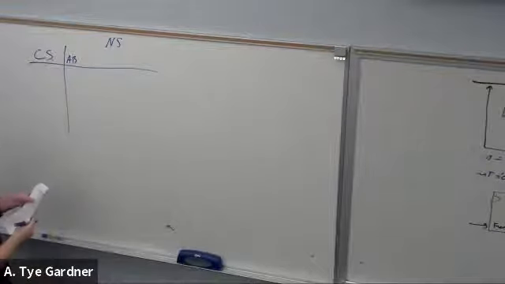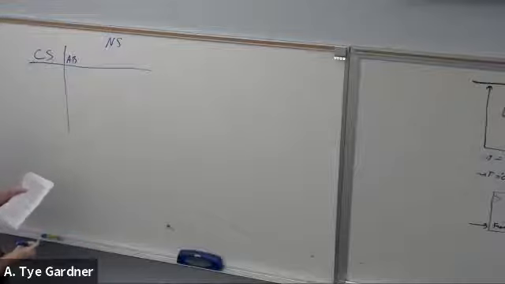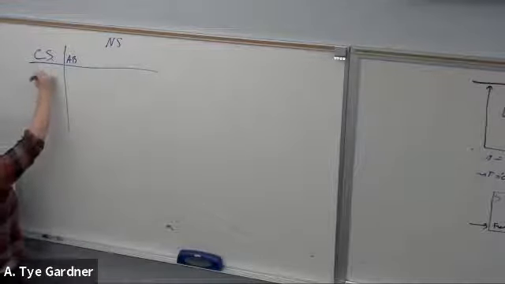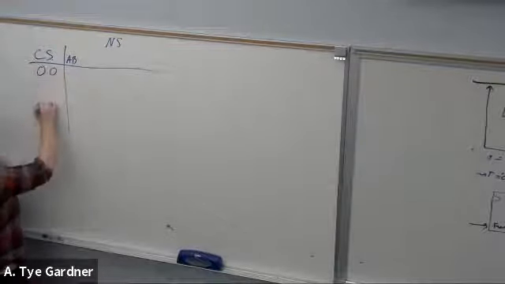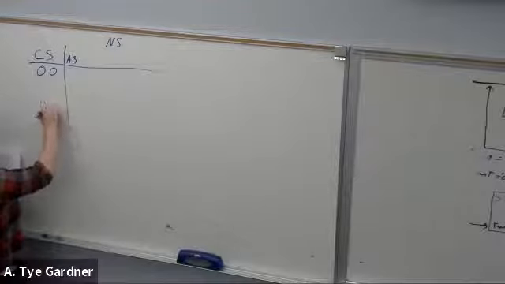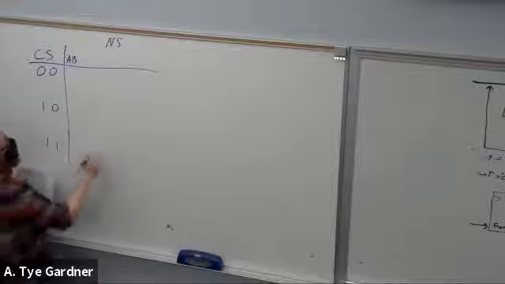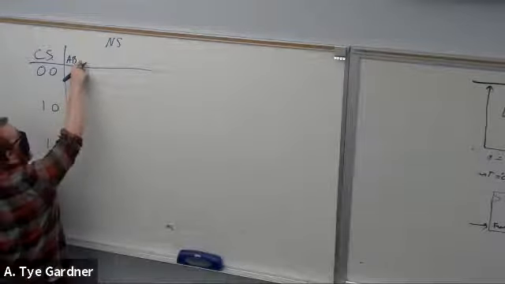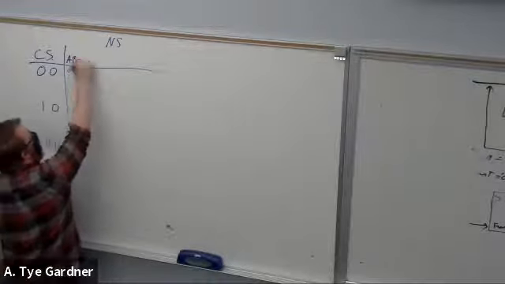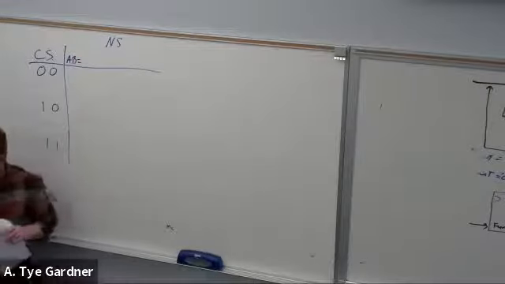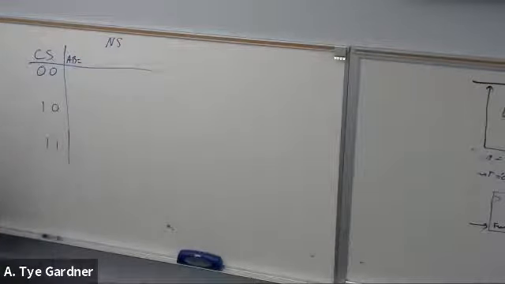And I'm going to just go ahead and list them. So we're going to have states. I'm going to have 3 states, 00, 10, and 11. And that's going to have inputs of A, B. And there are 4 possible combinations of this AB input, right? 2 bits means 4 combinations.